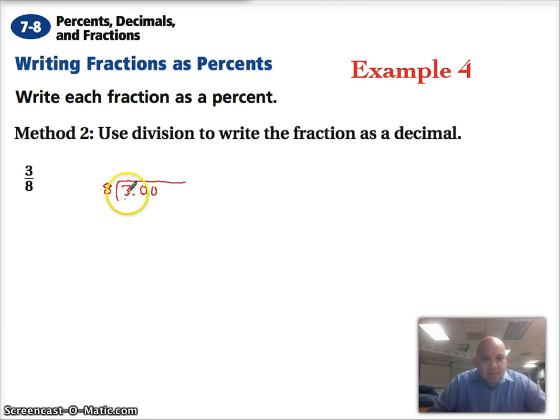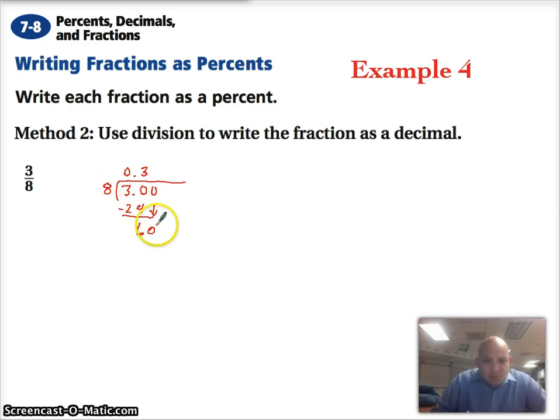So here we go. 8 into 3 goes 0 times. 8 into 30 goes about 3 times. 3 times 8 is 24. When I subtract, I get a 6, and I'm dropping down that 0.